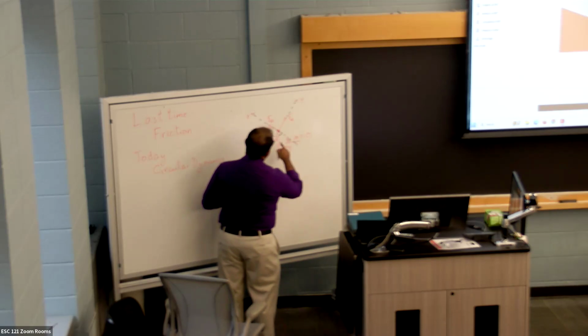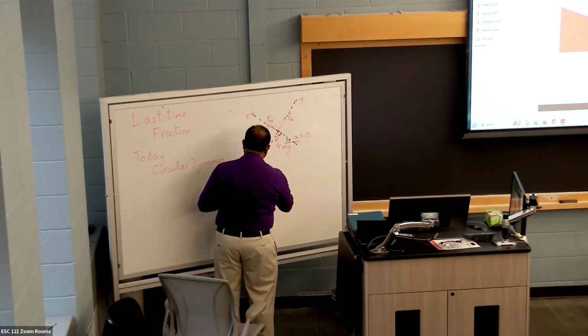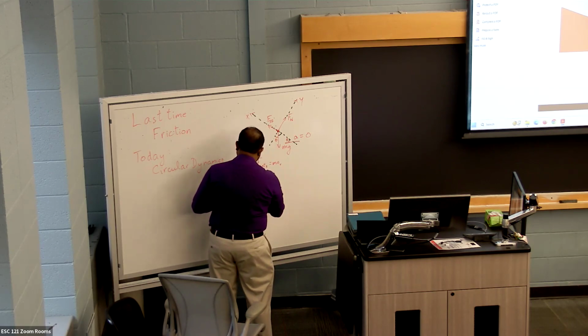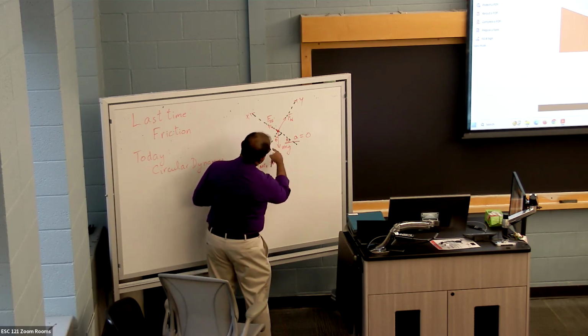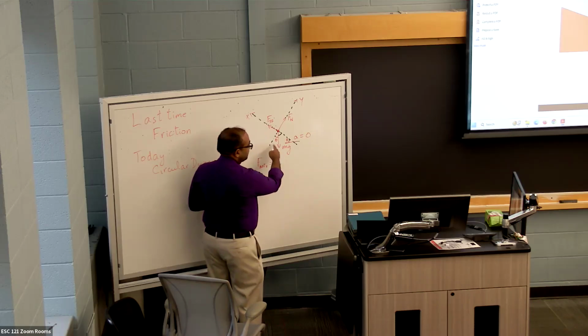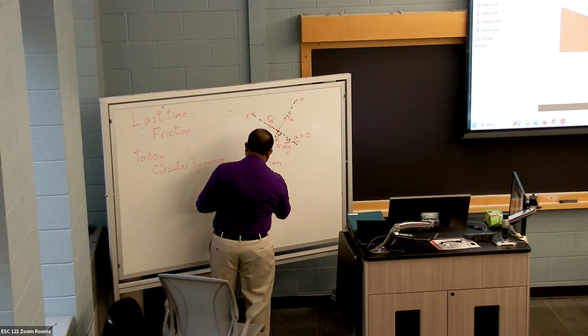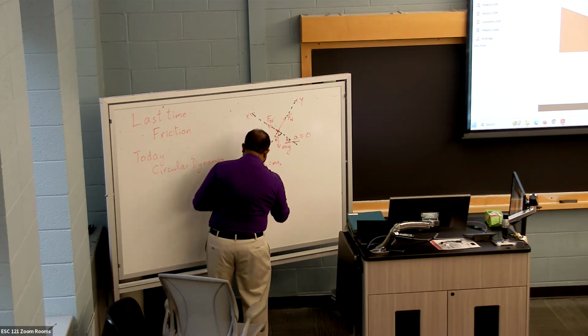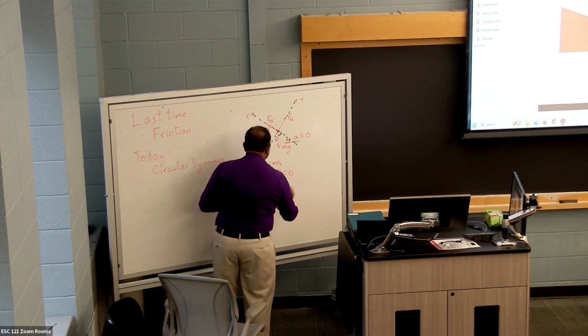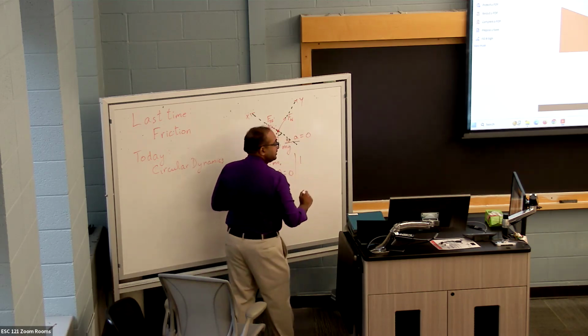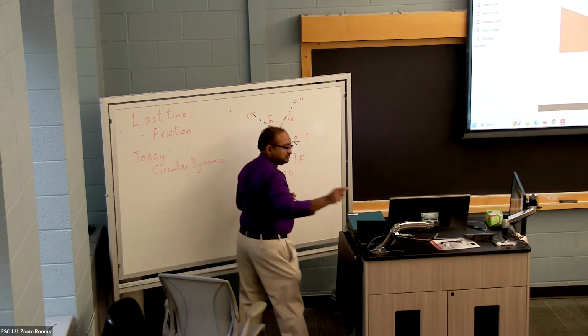And so if I write my X and Y Newton's second laws, the sum of F in X equals m a_x. In the X direction, I'll have the force of static friction, and then minus mg what? Sine theta, yeah. mg sine theta equals 0.